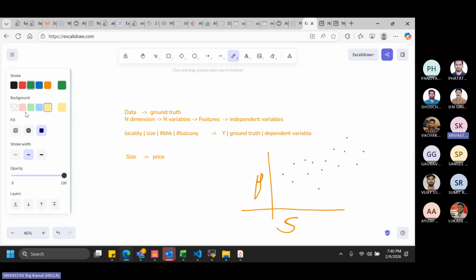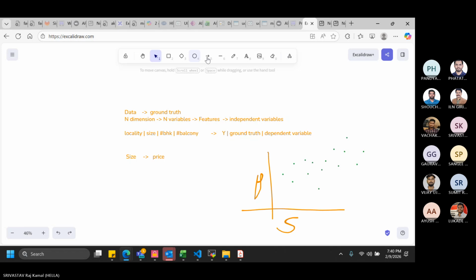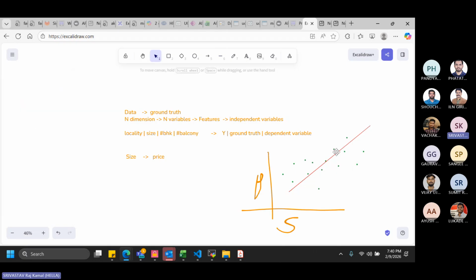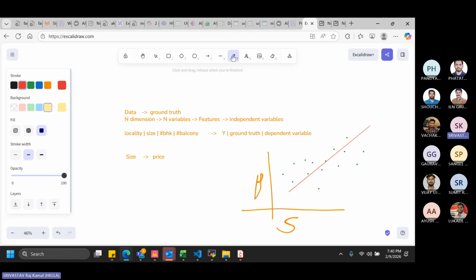We want to come up with one line which is well fitted on these points, and create a model from it. This is a linear regression model. For example, if somebody gives me a size of 3000 square feet, we extrapolate that, and based on this model we return this point. So we want such kind of lines, regression lines.